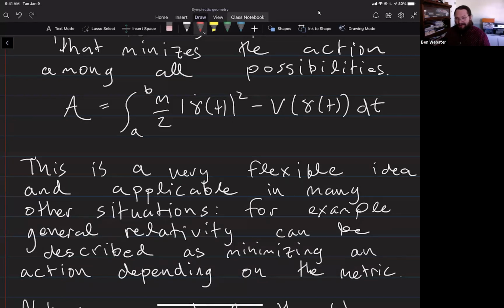So in general relativity, there's an action that depends on the metric. All of space-time has some action that it's trying to minimize. And out of that, you can pull these Einstein field equations, which would more properly be called the equations of motion.